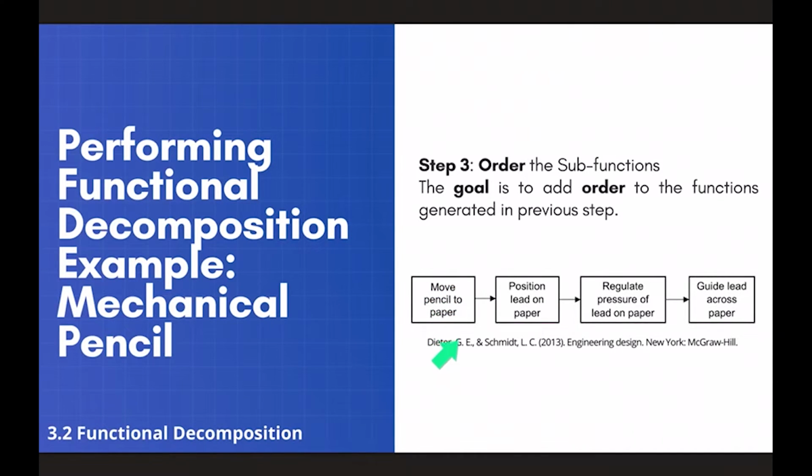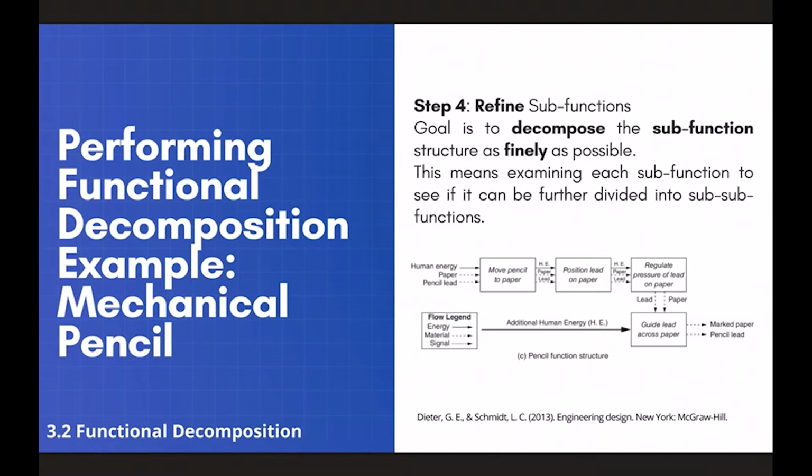The second sub-function is position the lead on paper. The third sub-function is regulate pressure of the lead on paper. And last, the fourth sub-function is guide the lead across the paper. So this is the sub-function arrangement.